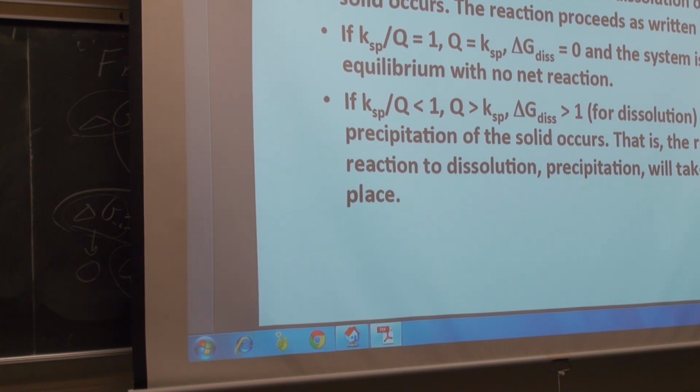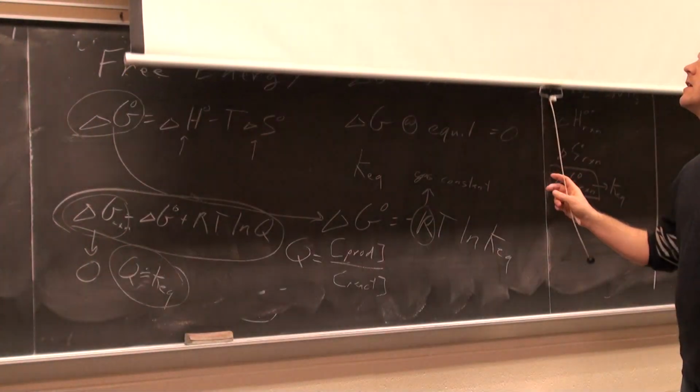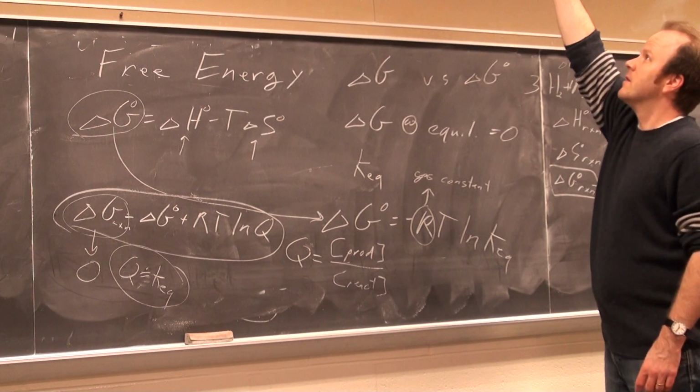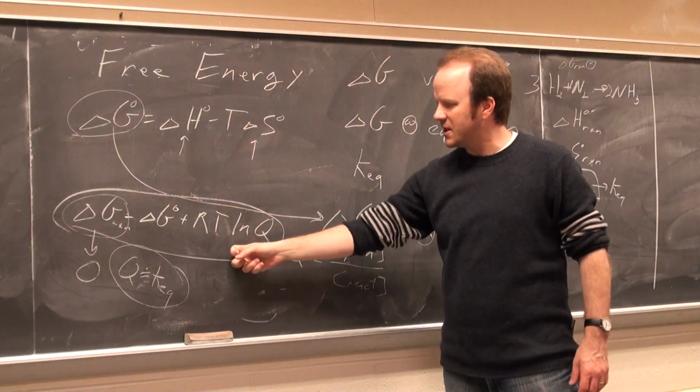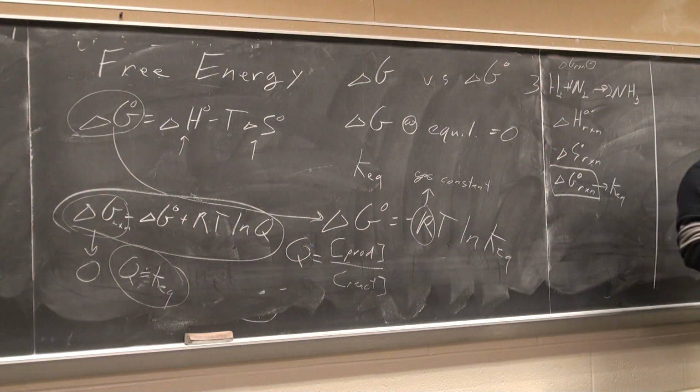If you just stick with this key equation right here, and this key equation right here, you can always tell me what the equilibrium constant is and what the delta G of reaction is.